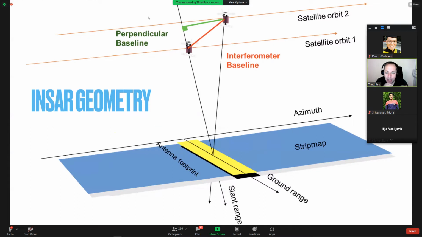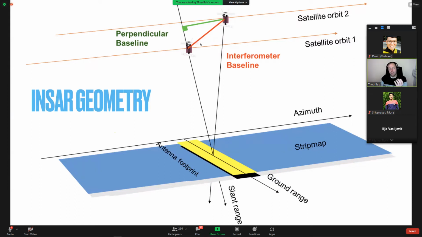Okay, that's an important slide because it includes many important terms that we are always going to use. Again, for interferometry we need two antennas, two images from slightly different positions.